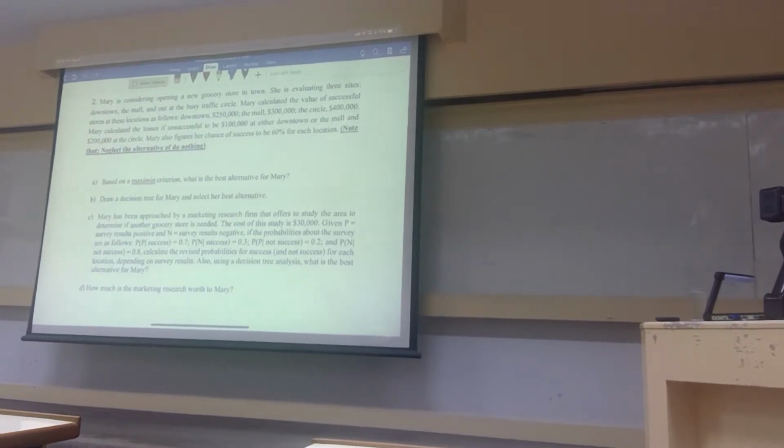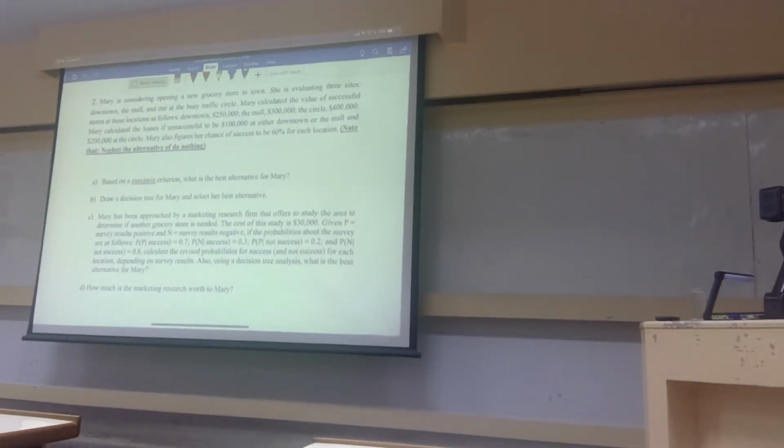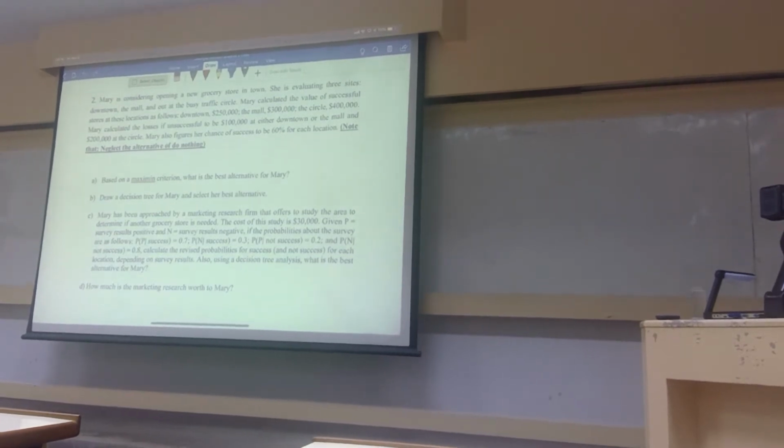The mall $300,000 and the circle $400,000. Mary calculated the losses if unsuccessful to be $100,000 at either downtown or the mall, and $200,000 at the circle. Mary also figures her chance of success to be 60% for each location.